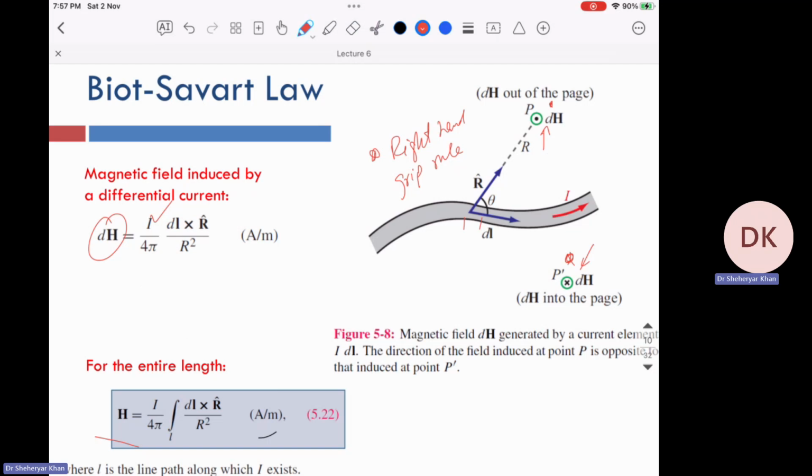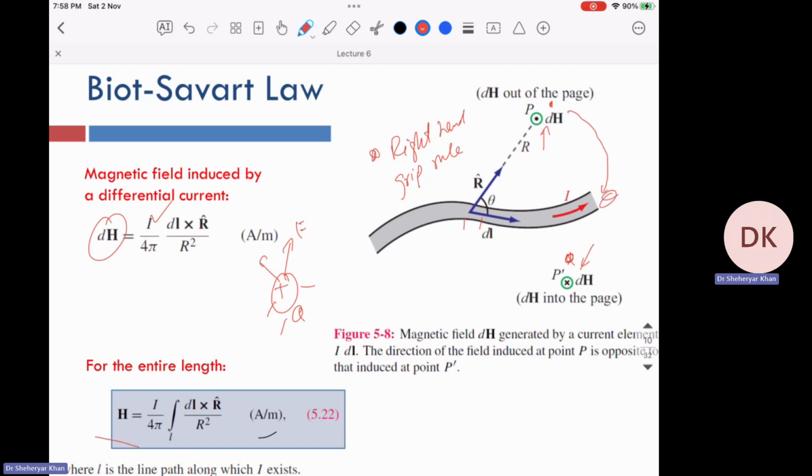Now, it's important to see that previously we learned that the electric field is always perpendicular to the charges, and it's everywhere around the charge. But the magnetic field is not everywhere. It's only circular. If you move to this point, there's no magnetic field.